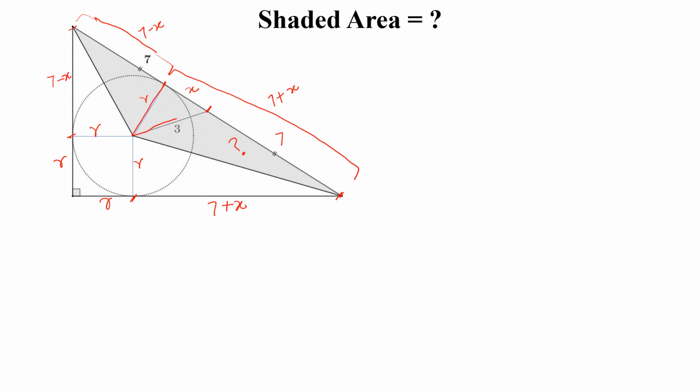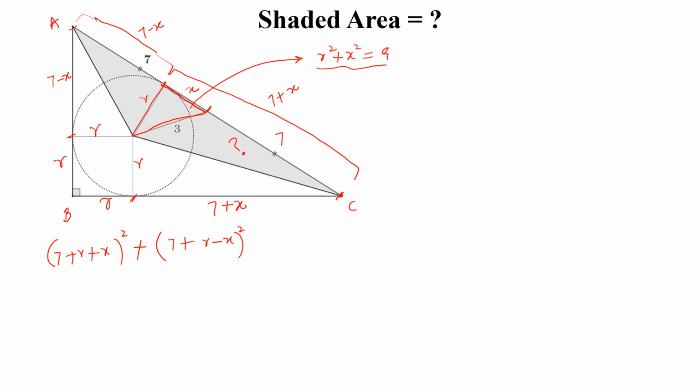Now from this triangle we can write R square plus X square is equal to 3 square, and that equals 9. And from the large triangle ABC, we can write (7 plus R plus X) whole square plus (7 plus R minus X) whole square is equal to 14 square.